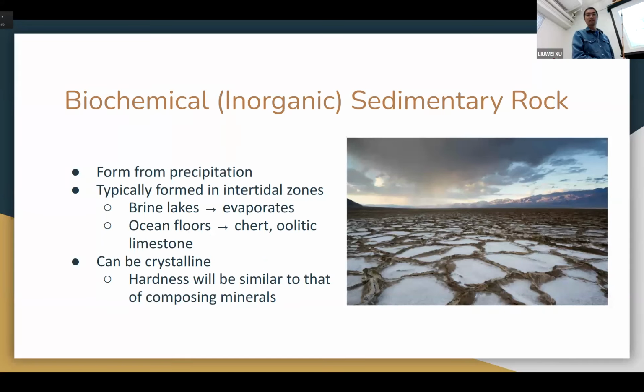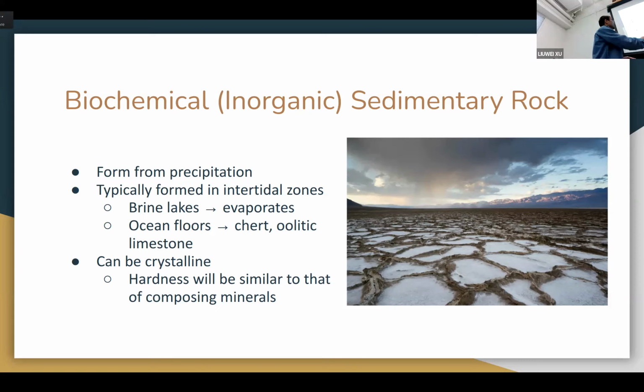The biochemical sedimentary rock is formed from precipitation. It's typically formed in the intertidal zones. Here, the intertidal zone means the zone above the sea level of the lowest tide, but below the sea level of the highest tide.